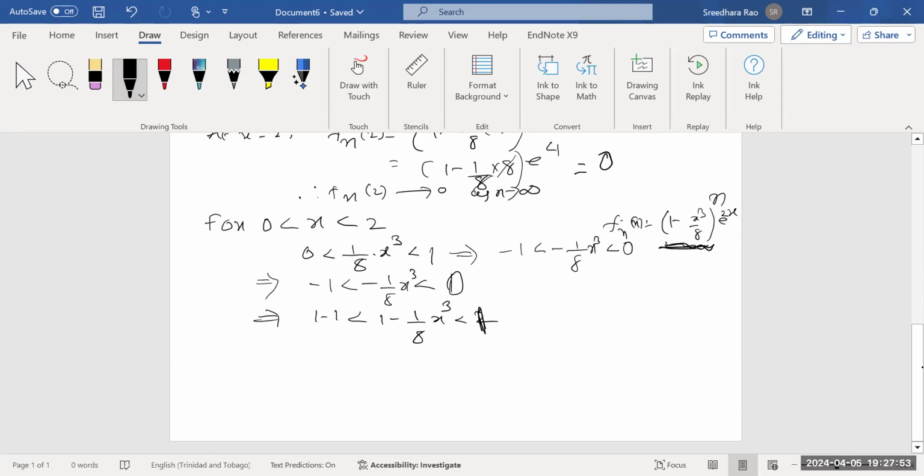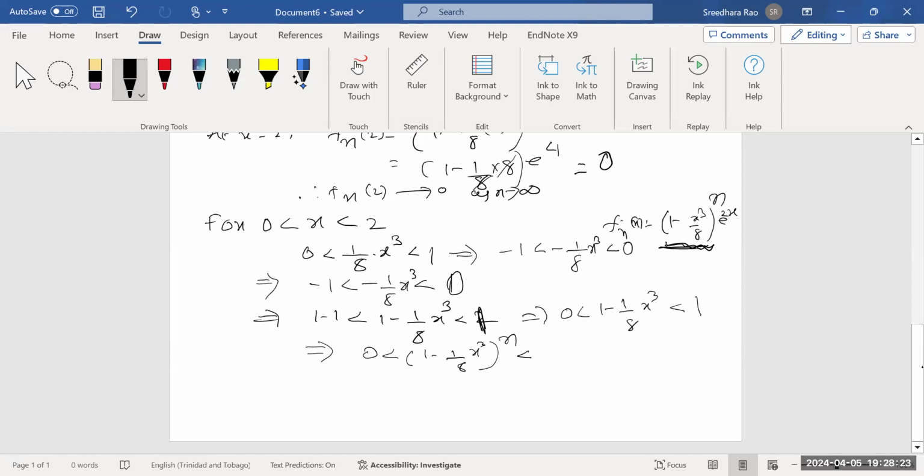Now I am adding 1 on both sides. That implies 0 is less than 1 minus 1 over 8 x cube, which is less than 1. Now I raise to the power n: 0 is less than (1 minus 1 over 8 x cube) to the power of n, which is less than 1 to the power of n.